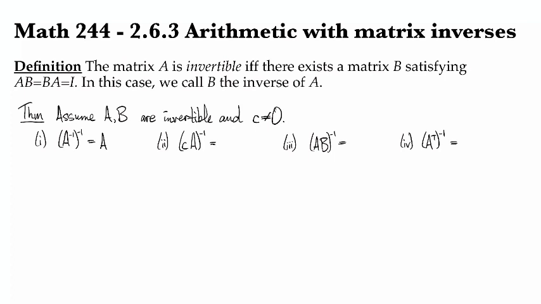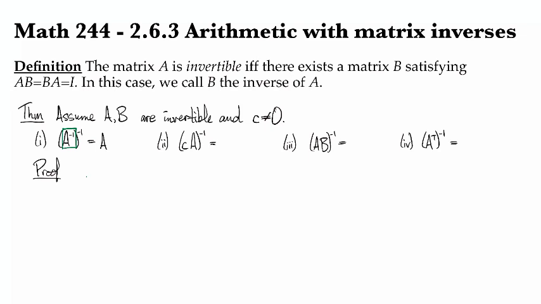Okay, so that might sound plausible, but what if I were to ask you to prove it? How can you tell that this is definitely the case? Well, let's see. What does it mean to be the inverse? To say that A is the inverse of A inverse means that A is the thing that if I put it next to the guy in the green box here, I get the identity.